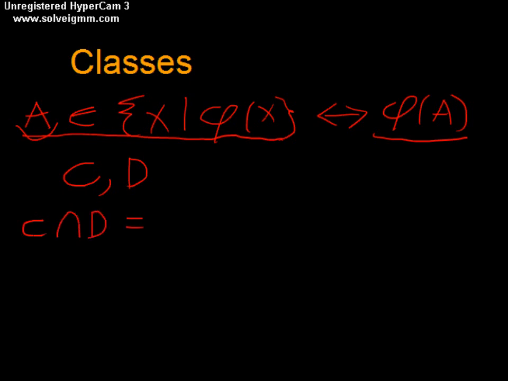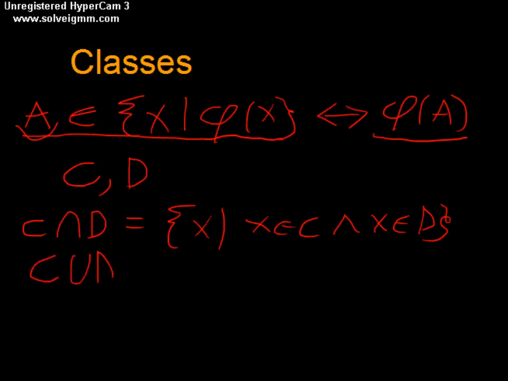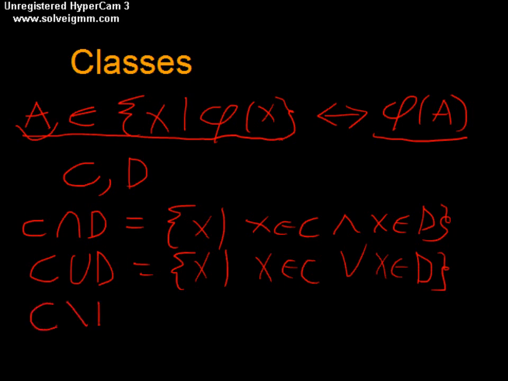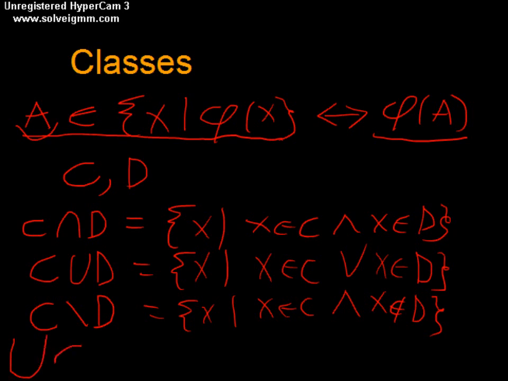C intersect D is the class of all x so that x is an element of C and x is an element of D. We can form C union D of all x so that x is an element of C or x is an element of D. We can also form the difference of all x so that x is an element of C and x is not an element of D. And we can form the union of all elements in the class C as all x so that there exists an S in C, this S is a set of course, so that x is an element of S. These are all classes.